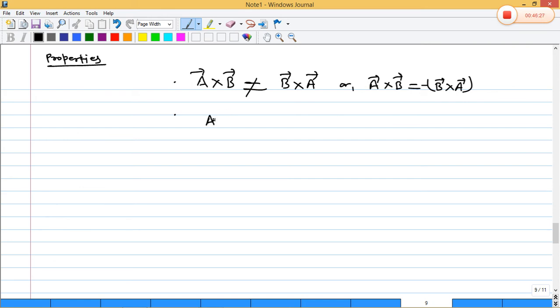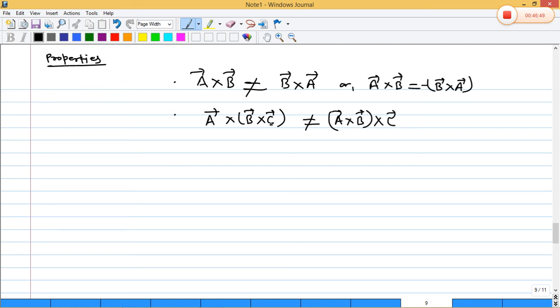We cannot write A cross B cross C, or say that it equals A cross B cross C, because multiplication is not the thing here. Direction is included.